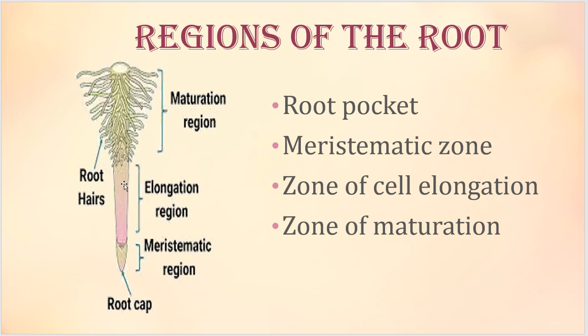These cells will undergo tremendous metabolic activities, and they will be increasing in size. They will be elongating. These cells will get elongated. The cells undergo tremendous metabolic activity, and the cell will grow in size. So that is the region of elongation.